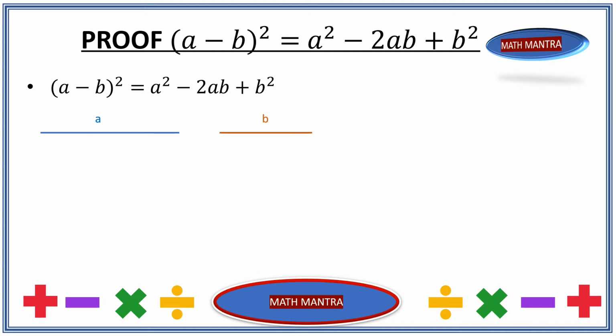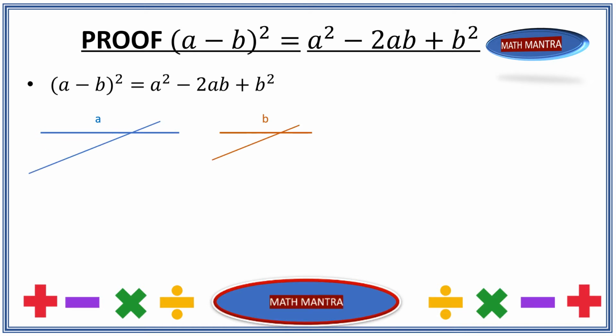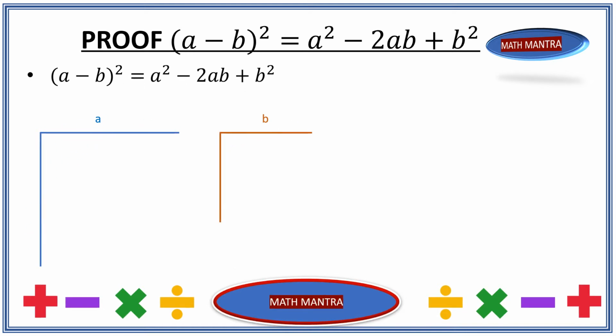So let's copy these lines down and rotate them 90 degrees. Now we have these lines rotated and let's label them a and b. Let's copy these lines on the right. Now we have copied these lines on the right side. Let's copy these lines down as well, so we make it a square.